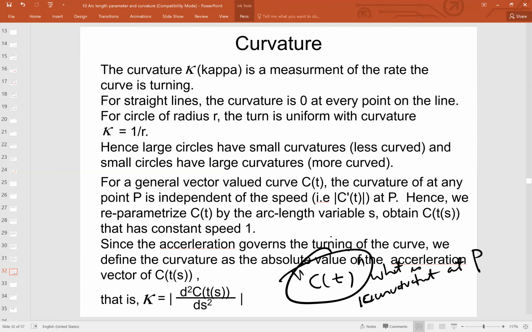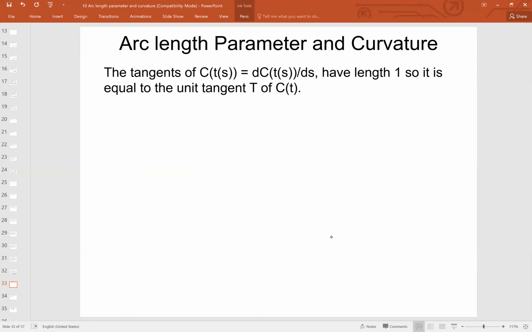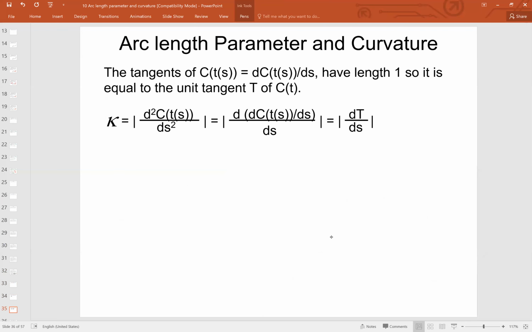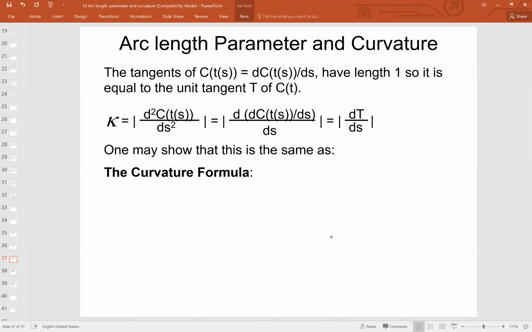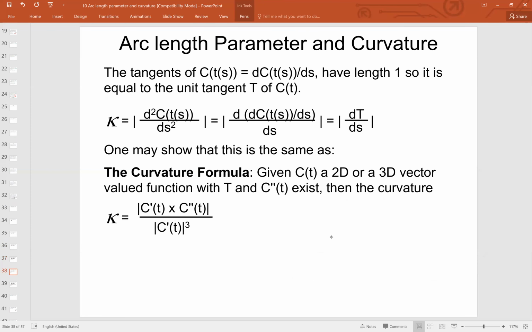Yeah, through some algebra. So we end up with the following formula, and I'm just going to give it to you. This is the curvature formula. It gives the curvature directly for a curve in terms of t, any parametric curve, provided it's increasing and doesn't go back.